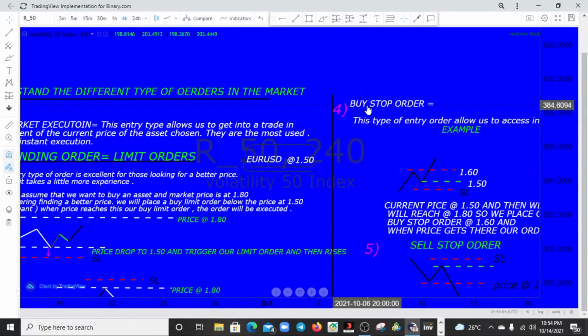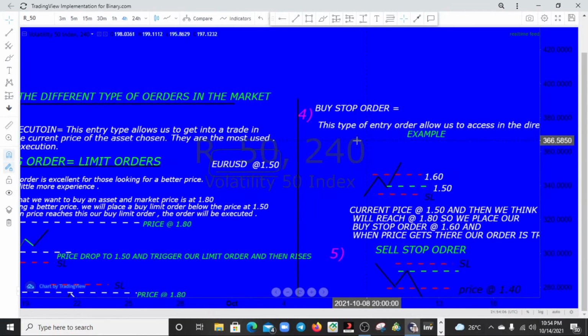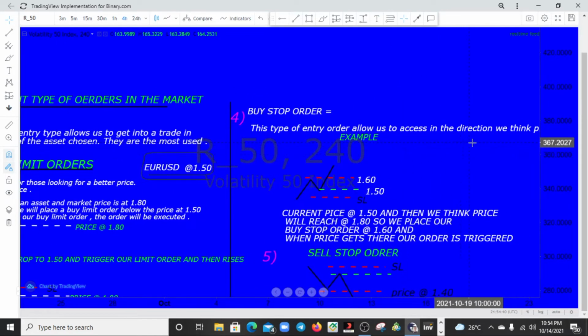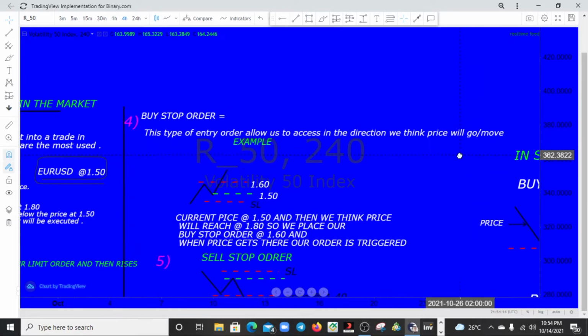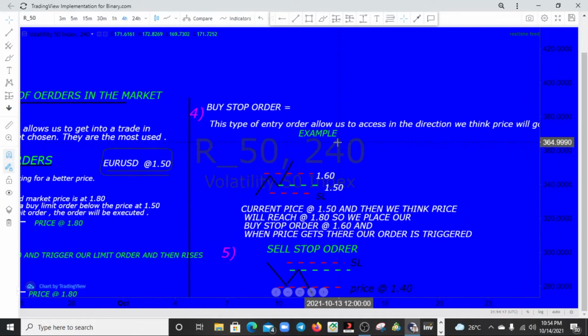Now we have the buy stop order. This type of entry order allows us to trade in the direction we think price will go or move. Do we understand that? Now we're looking forward to understanding that the market is in an uptrend. This order is meant for uptrend. It's not for downtrend.